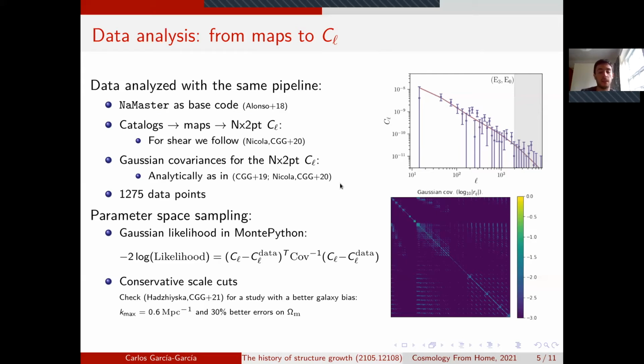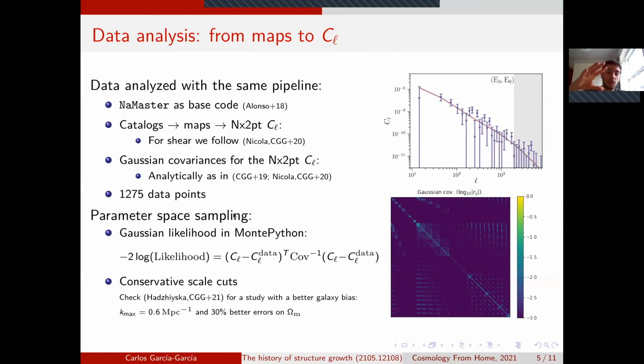So in the end, we end up with 1,275 data points. That means that we have a lot of data, and this will be the main reason why we have such good constraints on the S8, as I will show you later.